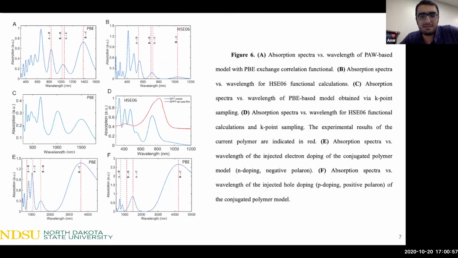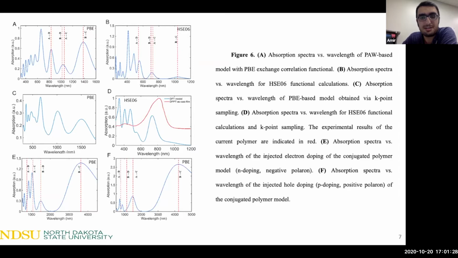From these results, we can see that in our results the absorption peak appears around 715 nanometer wavelength, but the experimental result is around 800. We can see that our hybrid functional model predicts an almost precise approximation of the peak.